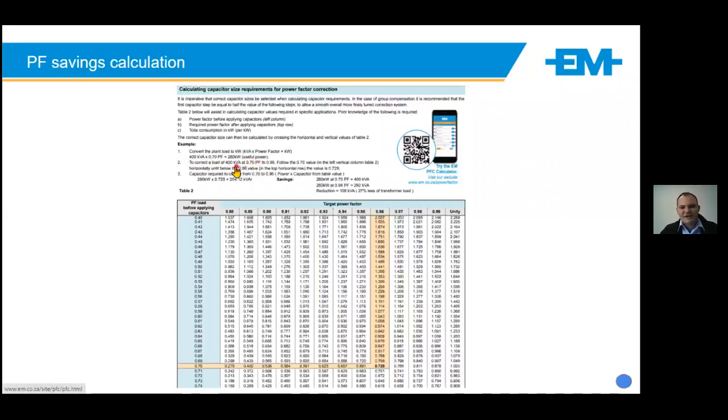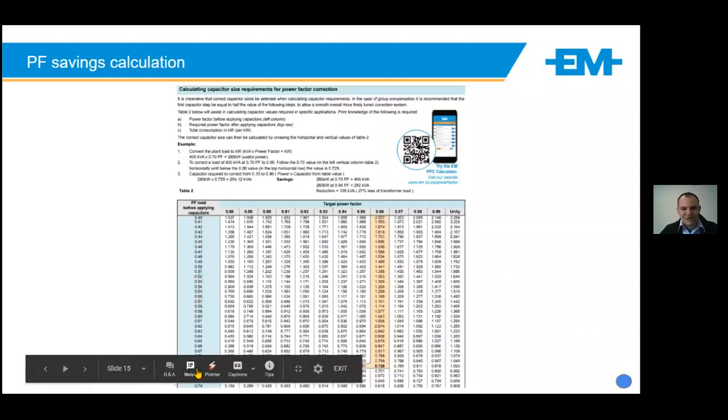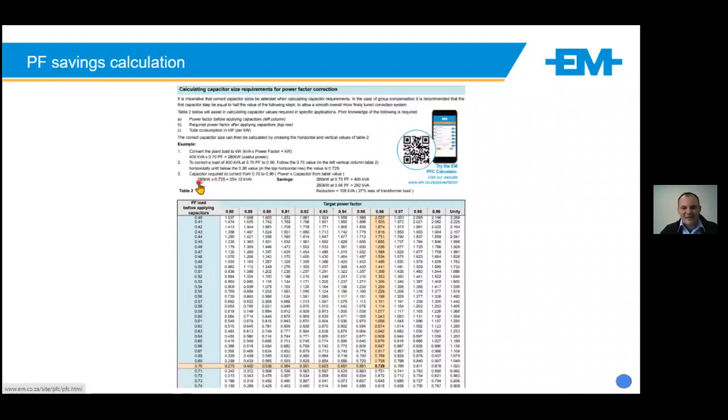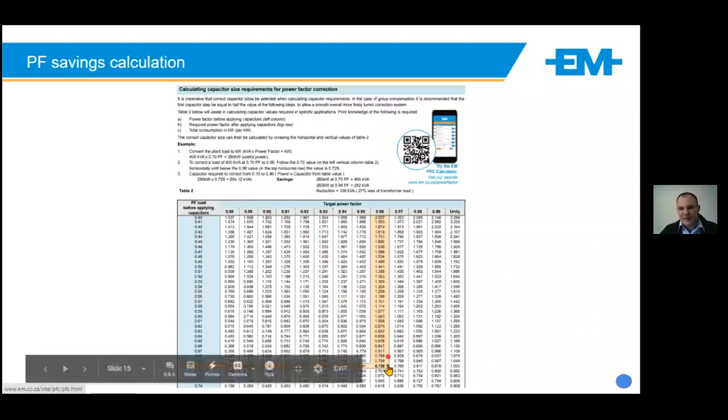To correct this 400 kVA at 0.7 to 0.96, we would follow the table to 0.7, scroll across to 0.96, and we've got a ratio number of 0.729. We would take this 280 kilowatts, which we calculated as the useful power, and multiply it by this ratio, and we get our kVAR.